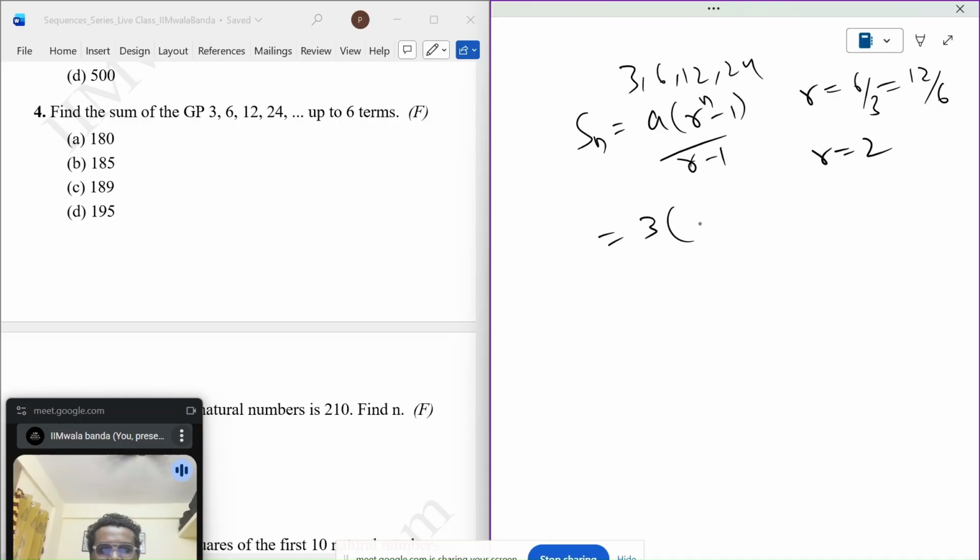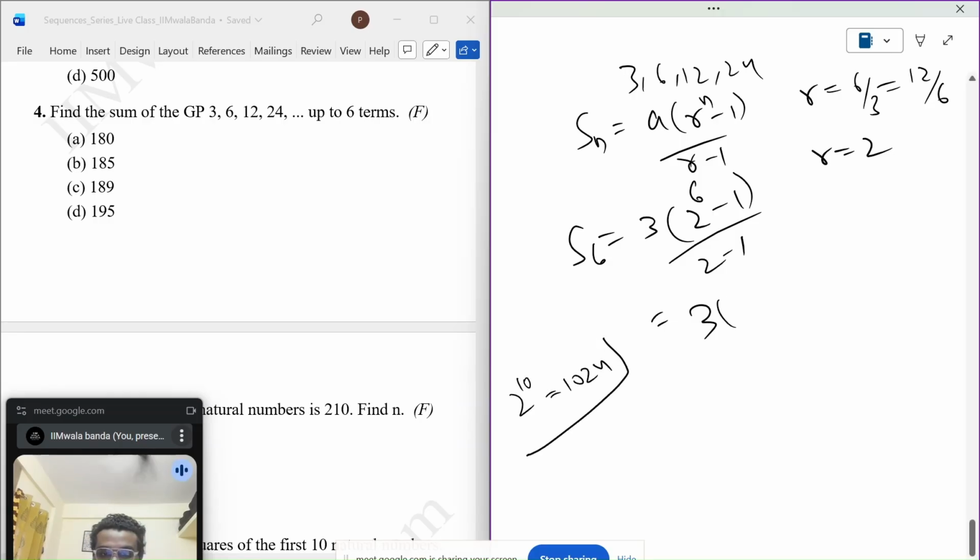A is 3, r is 2, and n is 6 because I am finding the sum of the first 6 terms: 2 to the power 6 minus 1 upon 2 minus 1, or 2 to the power 6. So you should remember that 2 to the power 10 is 1024. This is one thing you should always remember, because if you want 2 to the power 9, you go backwards: 2 to the power 9 will be 1024 upon 2. That is why we need to learn this.